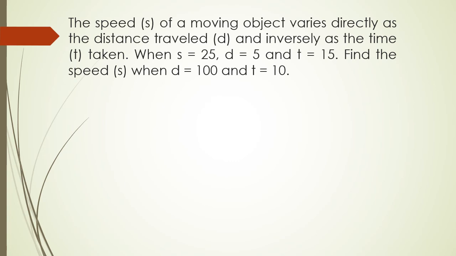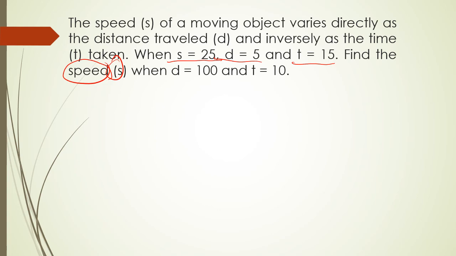So when S is equal to 25, D is equal to 5, T is equal to 15. Find the speed when D is equal to 100 and time is equal to 10. So, malalaman natin ang speed. Ano ba ang speed? Yun yung merong kilometer per hour. Sa sasakyan siya mostly.